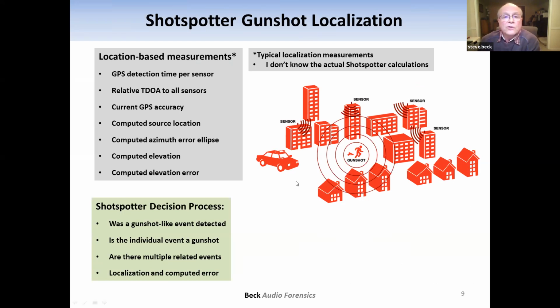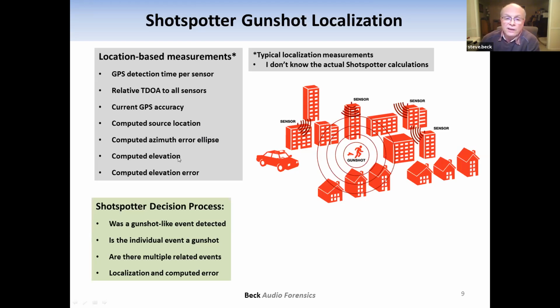The first thing is that they will get the GPS time of arrival for each one of the sensors. And from that, they can compute the time difference of arrival. Then they might look at the GPS accuracy related to the number of satellites. They'll try and compute the source location and the error ellipse related to that location.